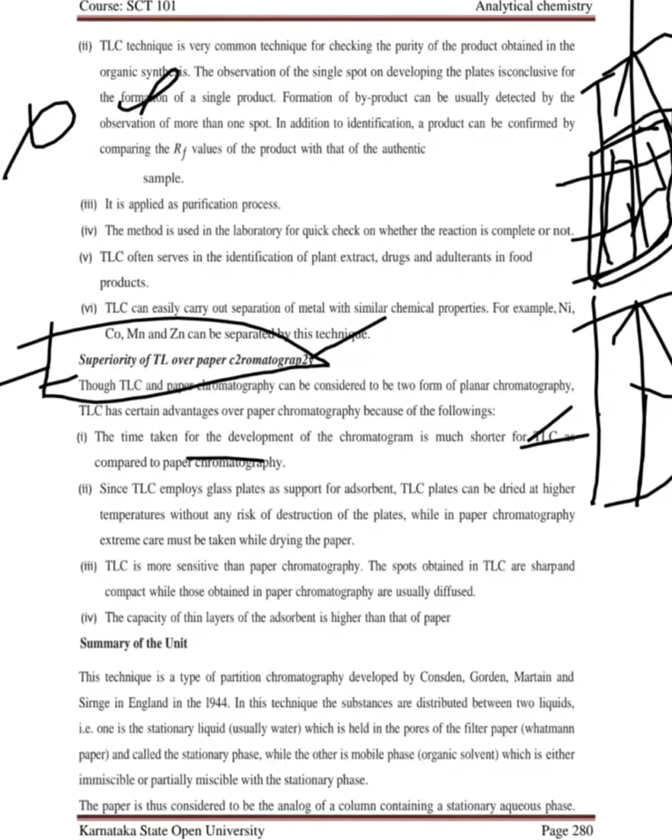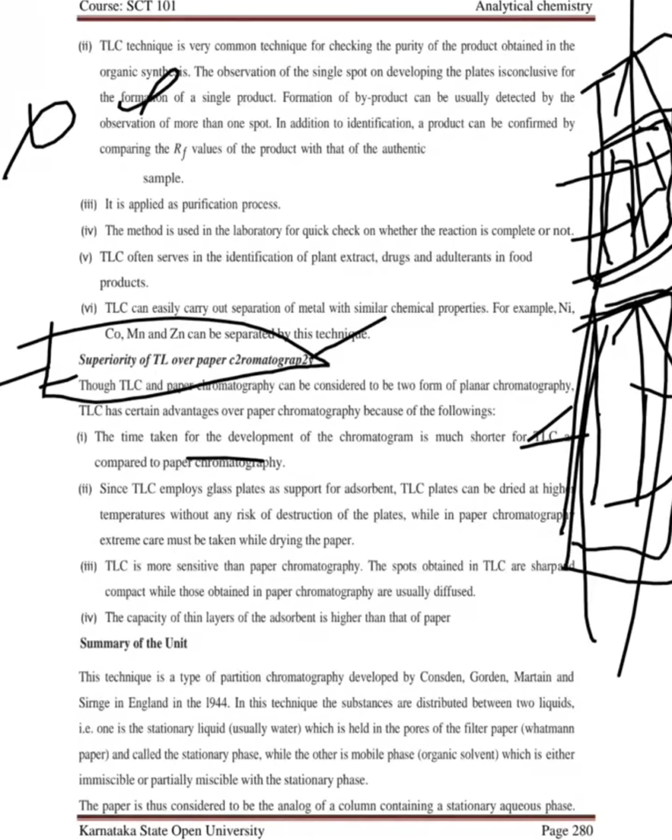So there will be an absorbent used on the TLC, so the purity can be identified more easily. In paper chromatography, there will be no absorbent. The filter paper itself acts as an absorbent here, so the purity cannot be as accurate compared to TLC.